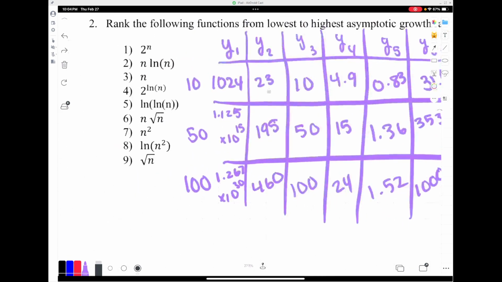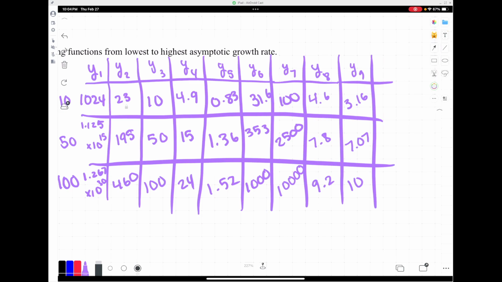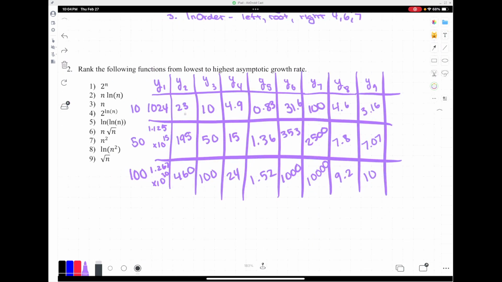If we look at Y1, that grew so fast. From 10 to 50 to 100, the number got big incredibly quick. Versus Y5, it's going slowly. So the lowest to highest. Let's look at the lowest. Which one is the slowest? I think Y5 is the slowest, right?